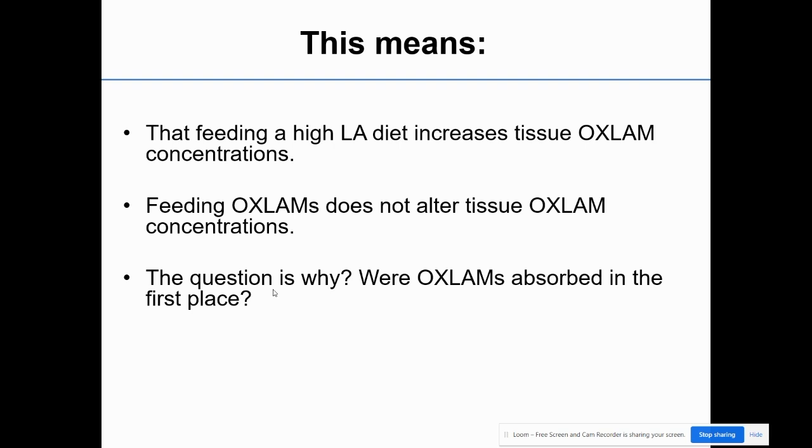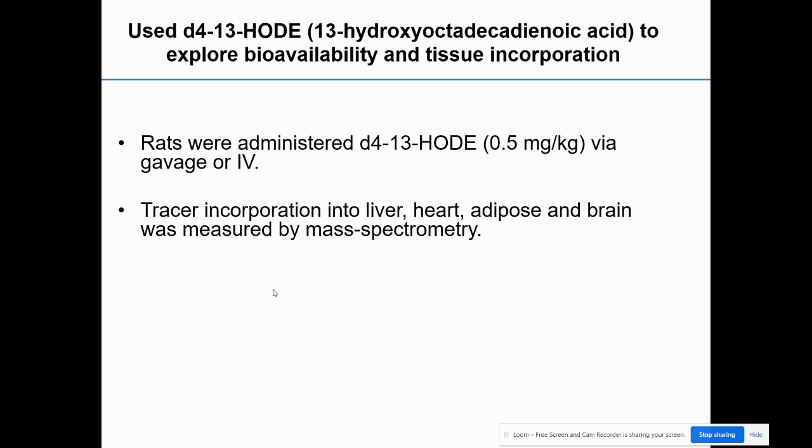To test this question, we gave an OXLAM tracer. We used deuterated D4, which is a label added to an OXLAM, in this case 13-hydroxyoctadecadienoic acid, or 13-HOD. We chose this OXLAM because in our studies we found that it's the most abundant one in the diet.